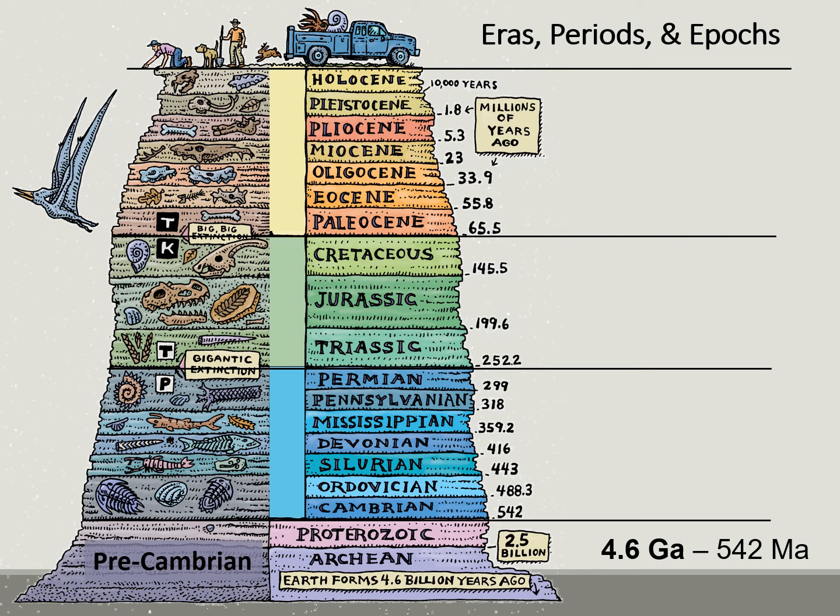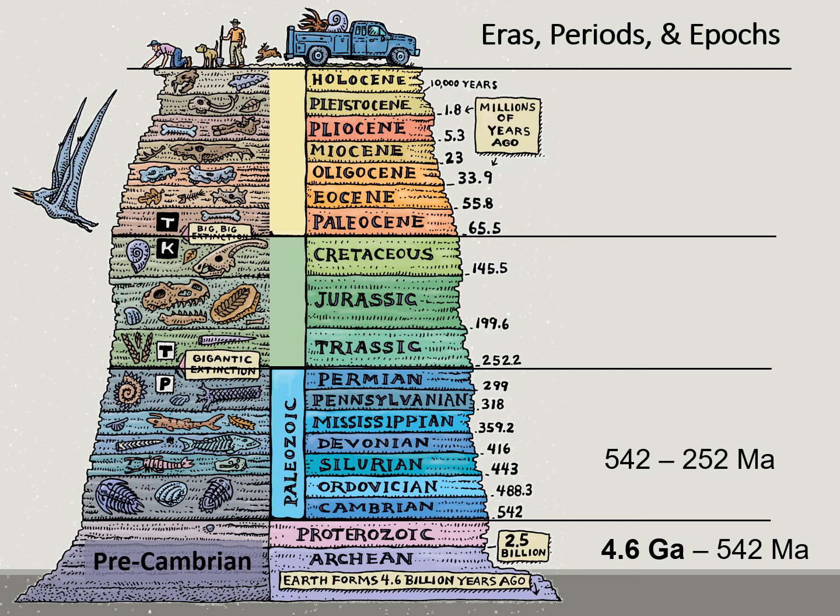And after 542 million years ago, we have what's known as the Paleozoic. The reason this boundary is so important is that this is when you get the appearance of complex life in the fossil record. If you ever want to see how weird some of these animals looked, just Google image search the Cambrian explosion. Some of these things are wild.